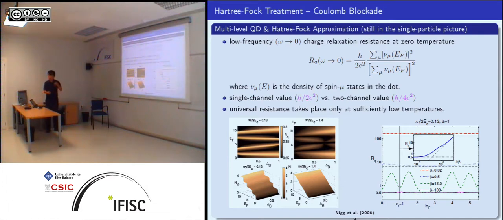And if you have two channels, then you have two resistances in parallel, so the resistance is reduced by half. Then you should have one quarter. In their result, the resistance oscillates between two values depending on the density of states at the quantum dot. So that is the story before I studied this problem.